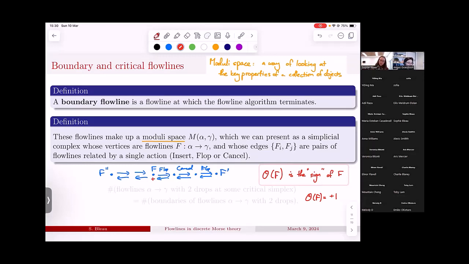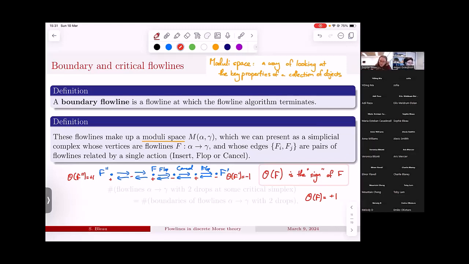So flop will make this negative, and cancel will make it positive and negative, so that the sign of f prime is -1. And then going back the other way, this will be negative, this will be positive, so the sign of f prime prime will be +1. And because there's always an odd number of actions between f prime and f prime prime, they will always have opposite signs.